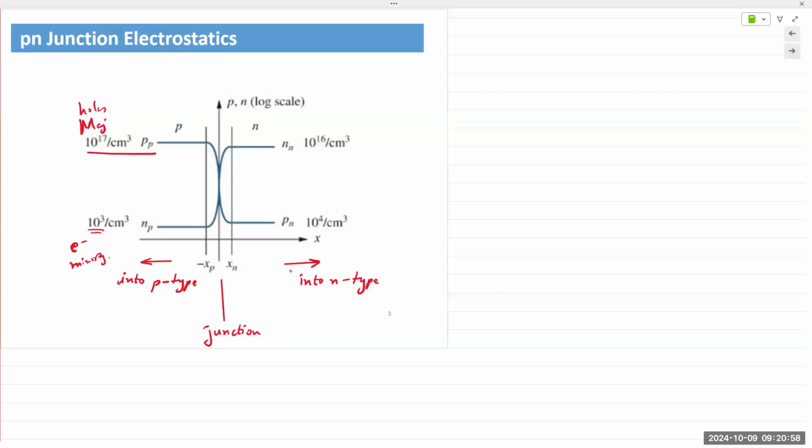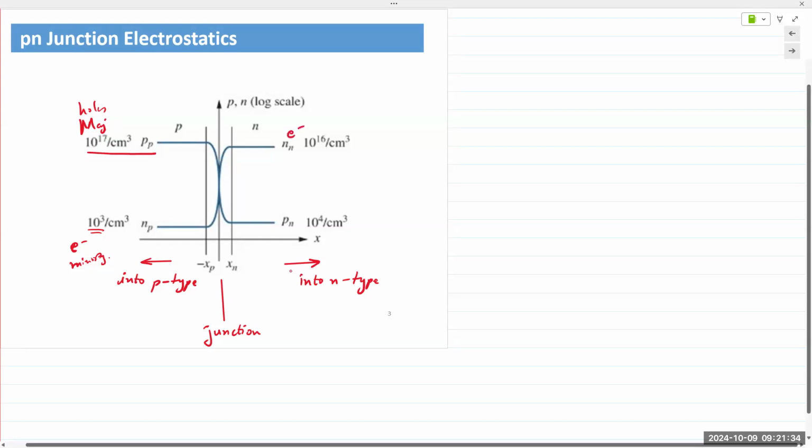Again, as a reminder from chapter 2, n_p and p_n. n_p, the number of electrons in a p-type material, is from the intrinsic behavior of the semiconductor, thermal generation, right? They may or may not be implanted in there, but for now, we're simply assuming they're simply the intrinsic carrier concentration. There is no implant of electrons in a p-type material, and there is no implant of holes in the N-type material.